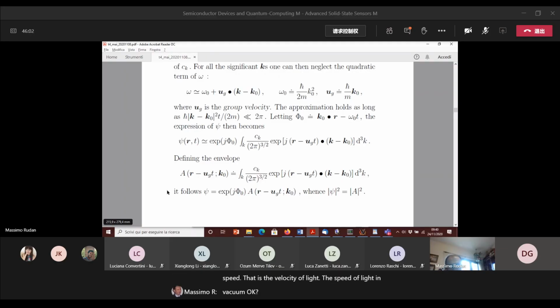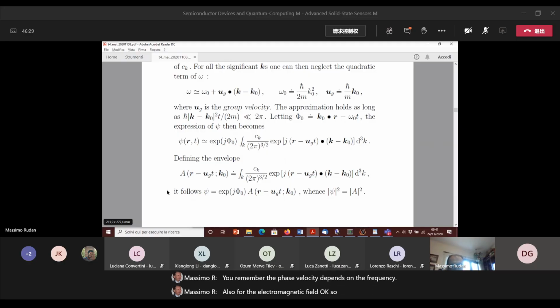So for the electromagnetic wave packets, there is no deformation in vacuum. If they propagate within a medium, they do deform because you remember the phase velocity depends on the frequency. Also for the electromagnetic field, okay?